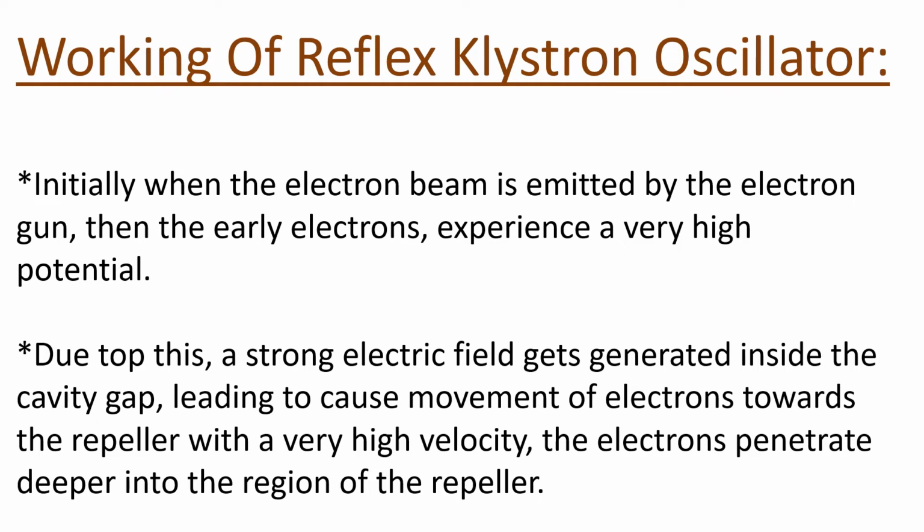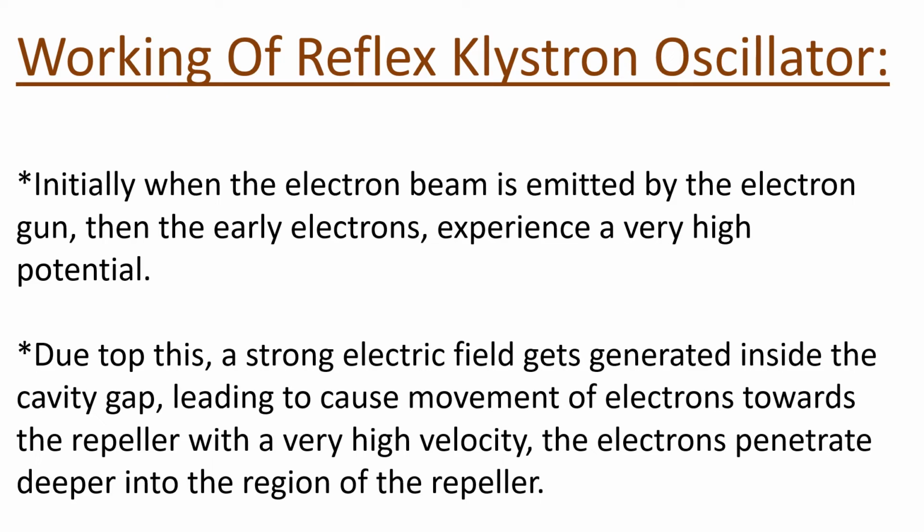But when the externally applied potential is almost zero, then the electron moves with the uniform velocity with which it was emitted by the gun. These electrons are generally known as reference electrons ER. In this case, ER will not penetrate deeply into the repeller surface and gets repelled by the repeller in lesser time than the early electron.